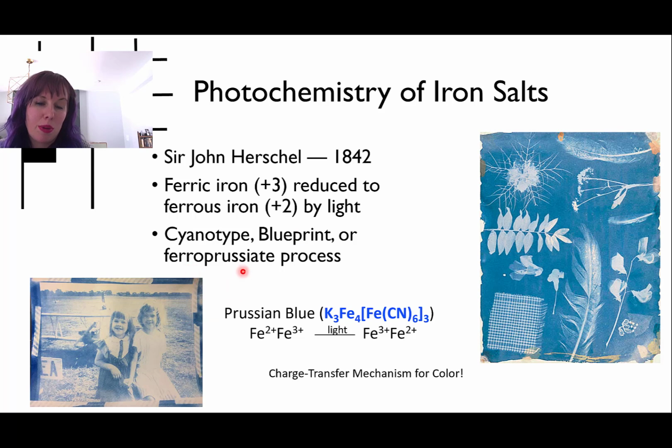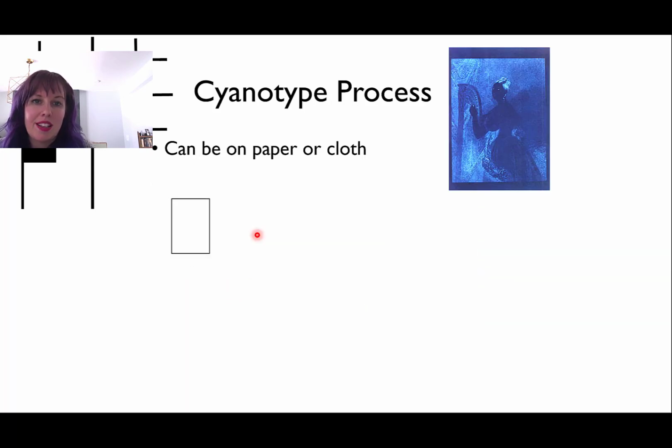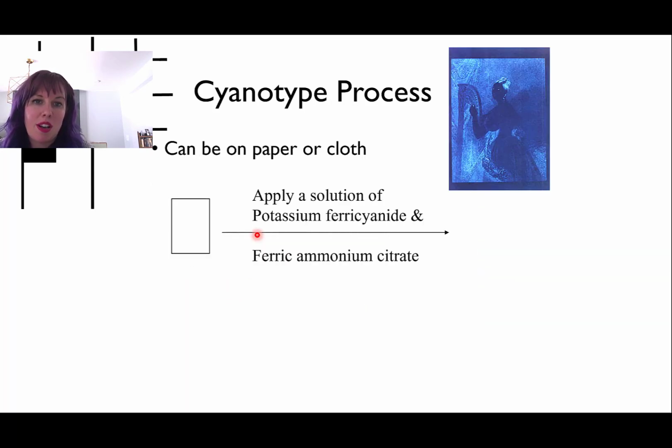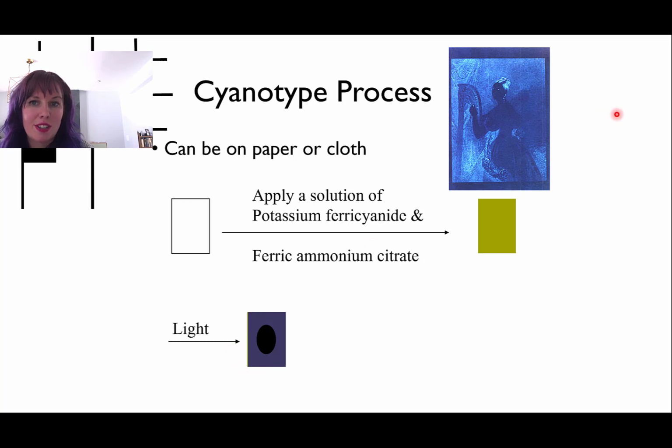It's also called ferroprussiate. And just a quick overview of what the cyanotype process is: you have a piece of paper, you apply a solution of potassium ferricyanide and ferric ammonium citrate. It's sort of this yellowish color. And then you put some type of resist on it, so maybe a negative, or it could be a flower, and you expose it to light. What's exposed to light turns this deep blue color.